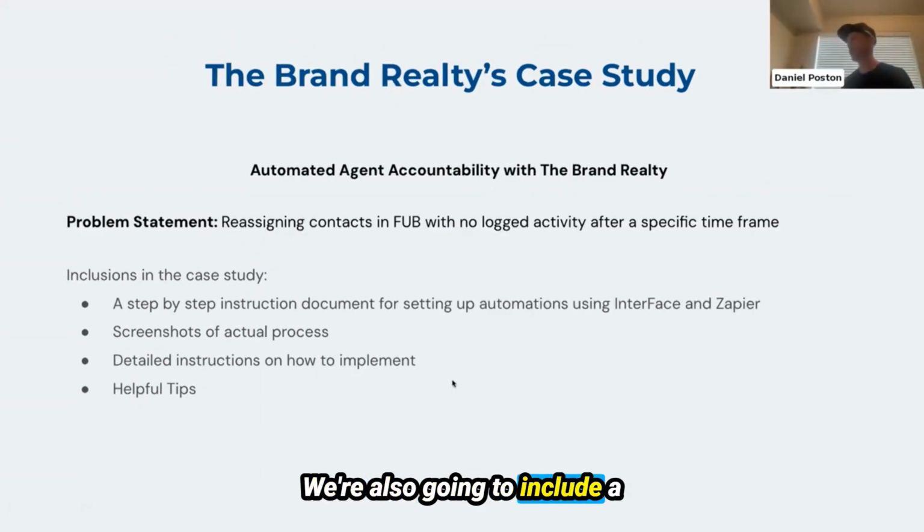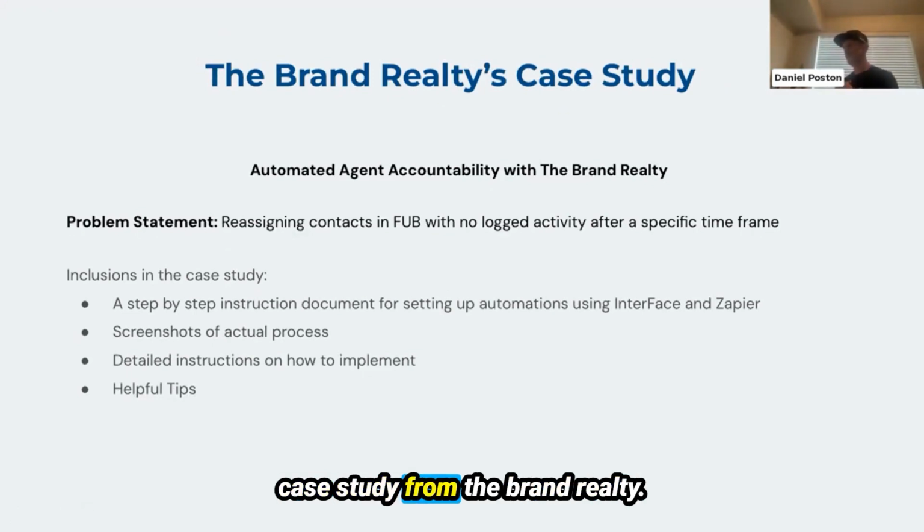We're also going to include a case study from the brand Realty. So we have automated reassignment, automated accountability setup. So when they have a lead coming in, if they haven't had any activity in a certain time frame, it will automatically reassign the lead to a pond. So we're going to have step-by-step instructions on setting up the automation in our system.